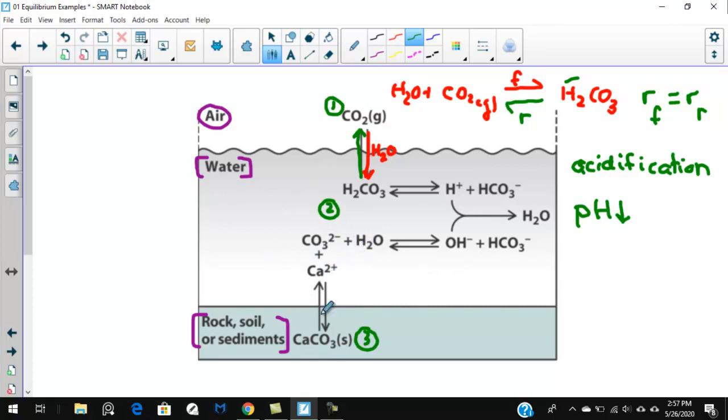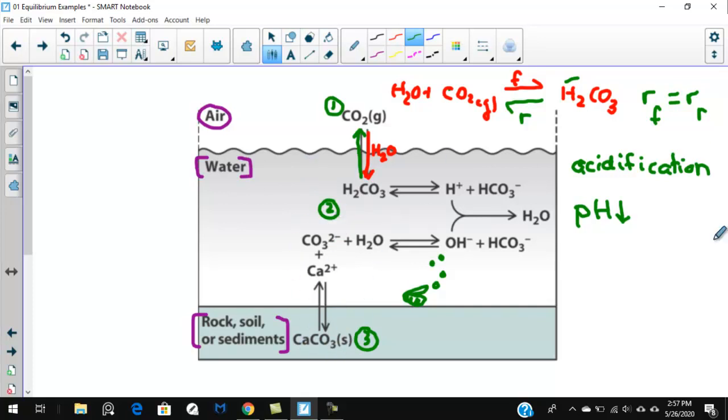So rock is not formed, which is not a big deal, but it is one way we sequester CO2, by putting it into rock. But more importantly, lobsters or clams and things living down in the ocean have to make a shell, and they can't make that shell very easily as the pH drops, because it gets in the way of this equilibrium that allows them to make calcium carbonate.